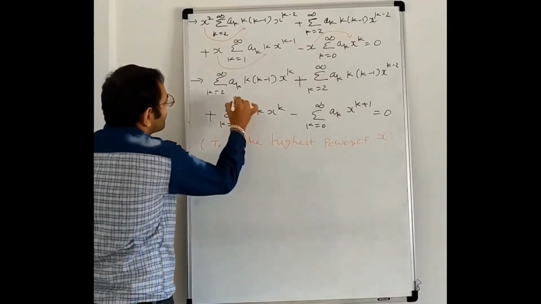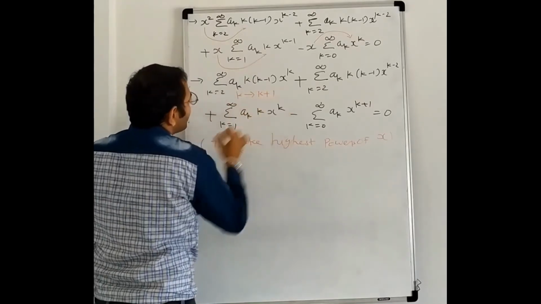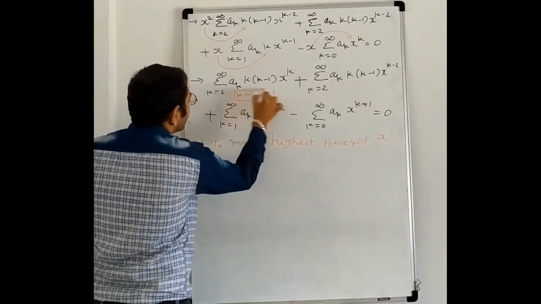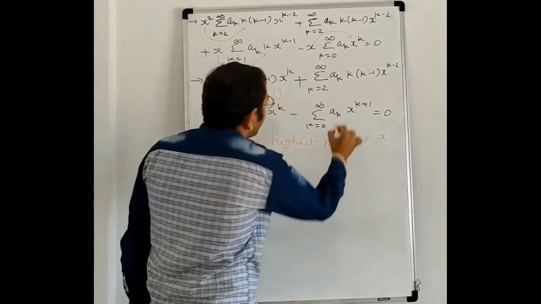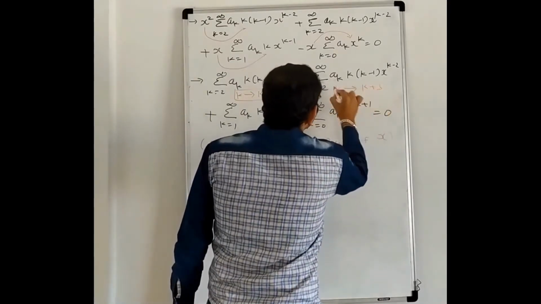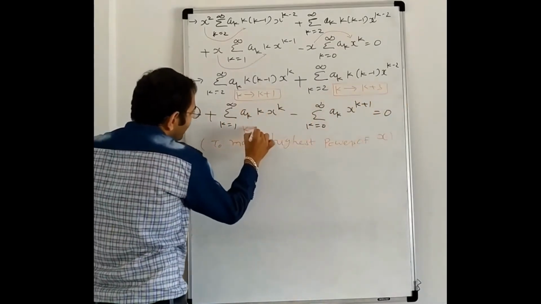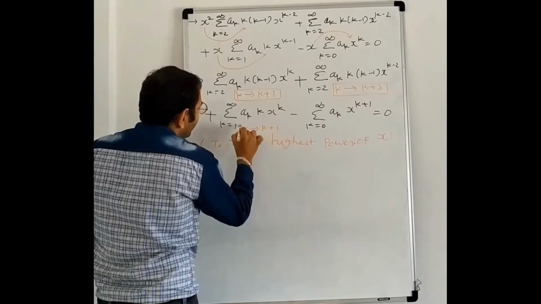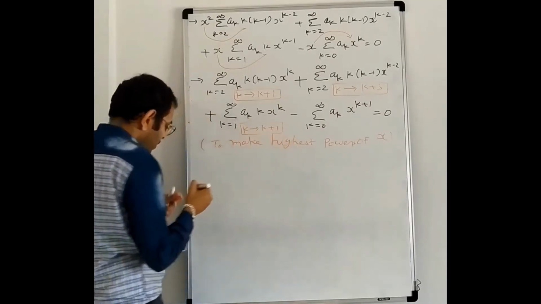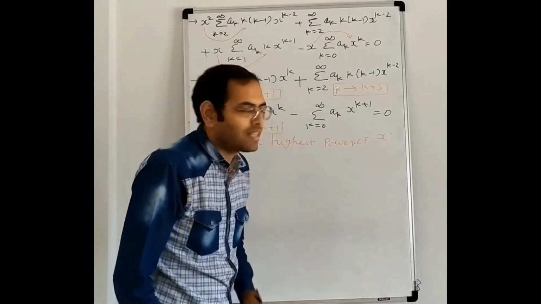Then in first term we replace k as k plus 1. In second term we replace k as k plus 3. In third term we replace k as k plus 1. Then we get each and every term has same power of x.